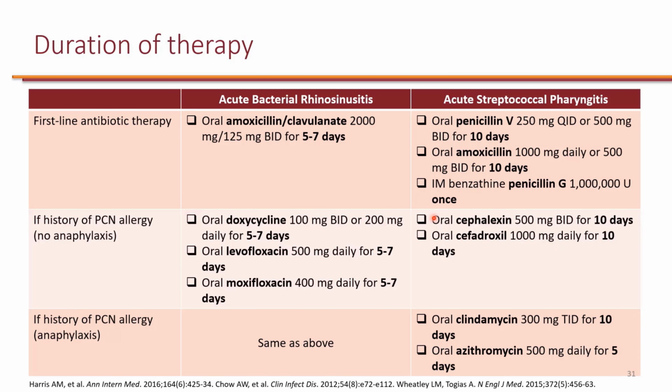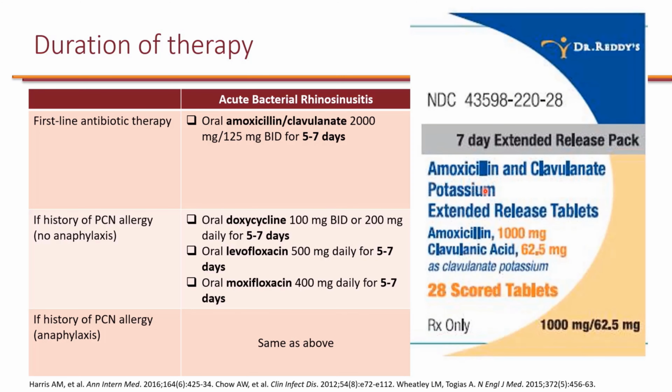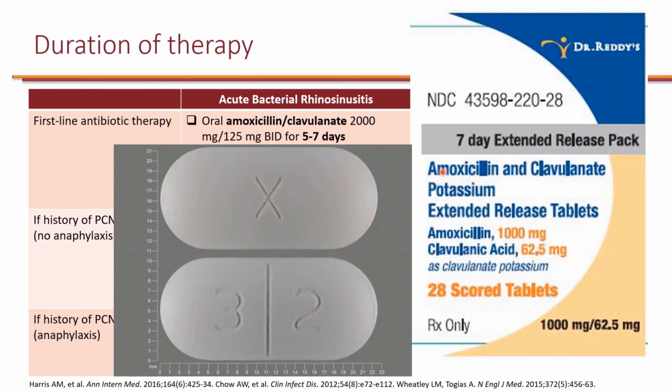For therapy of acute bacterial rhinosinusitis, the drug of choice is high-dose amoxicillin-clavulanate. That would be 2 grams of amoxicillin along with 125 milligrams of clavulanate given twice a day, typically for 5 to 7 days. And of course, high-dose amoxicillin-clavulanate is available as an extended release, and because the pill gets really large, you can see here the size, it would be about 22 to 23 millimeters in length.